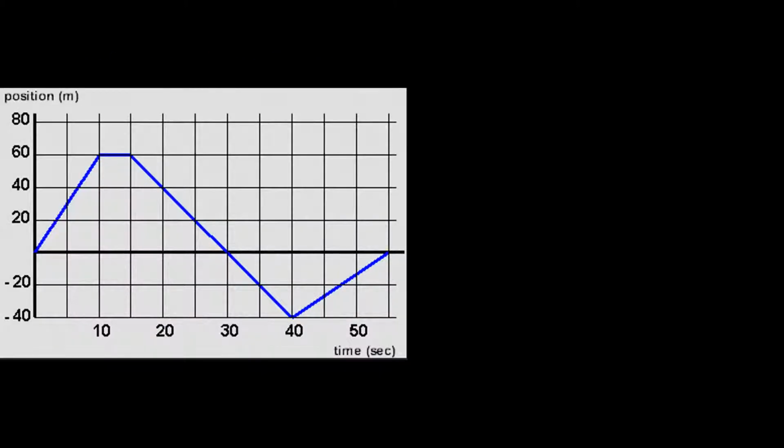So let's take a look at a position time graph here. I'm going to label a couple of points on this just to help us to see things more clearly. So we have A, B, C, D, E, and F. Let's look at our slopes. A to B has a positive constant velocity.